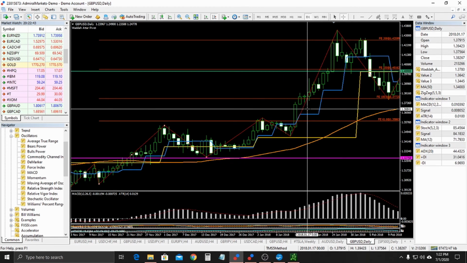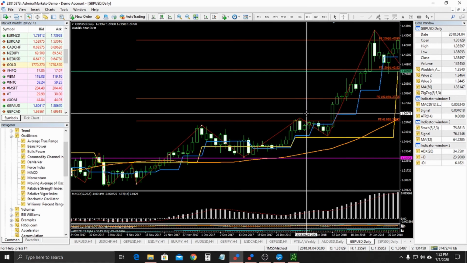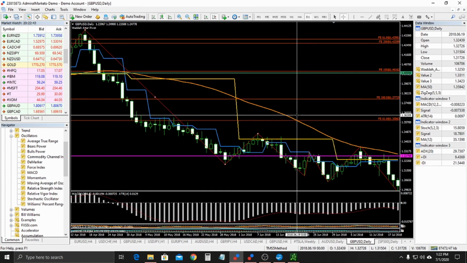So that's just a small look at what the Fibonacci extension will do. The retracement is a little bit different.